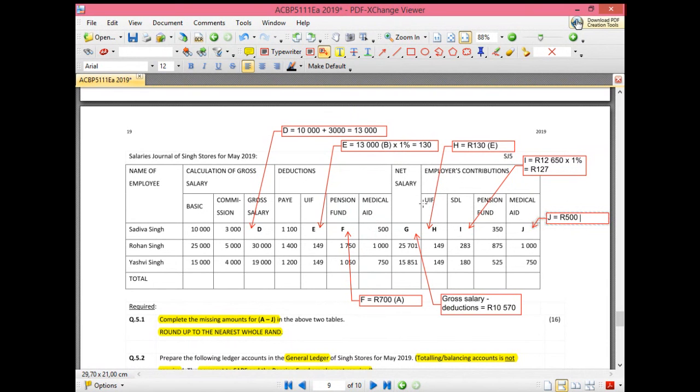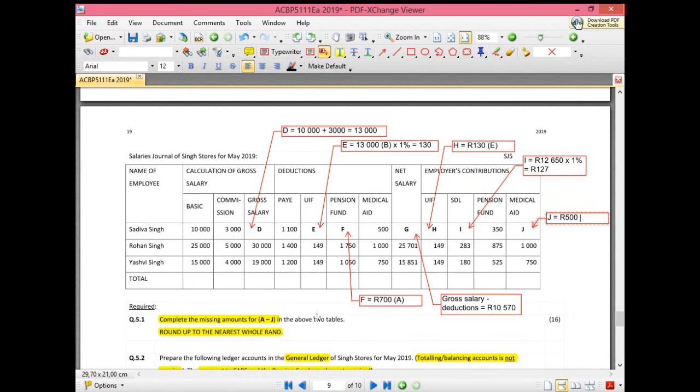But because this SDL was never included in the taxes deducted from the employee, I need to create a debit account, which is the expense account, to reflect how much additional expense the employer has as a result of needing to pay over SDL as per SARS rules.